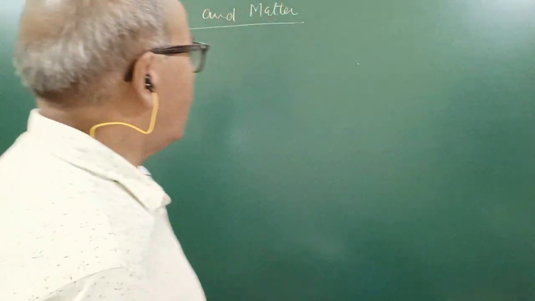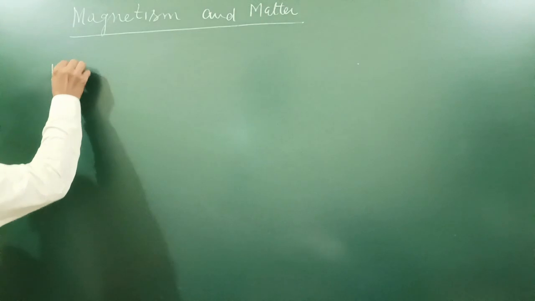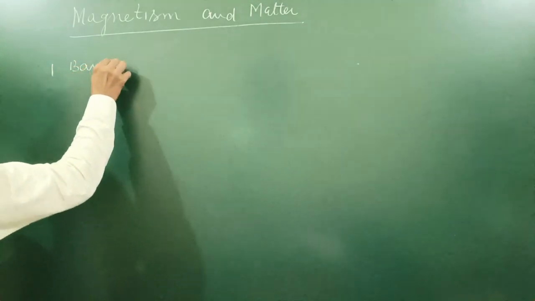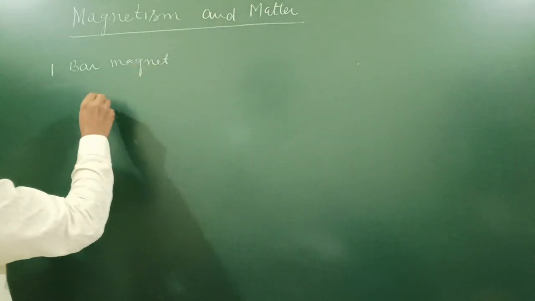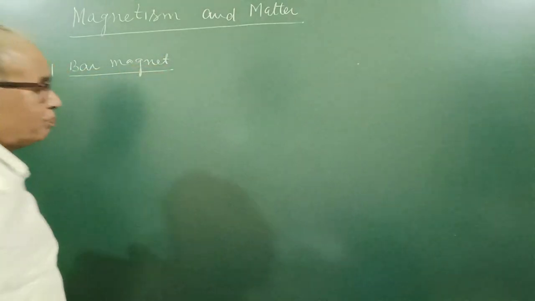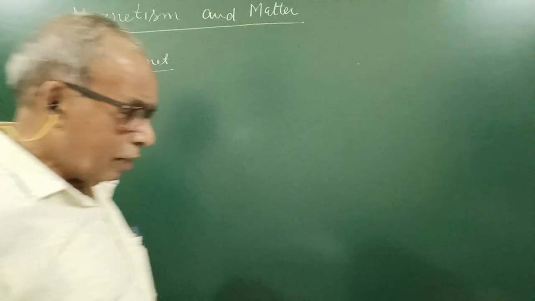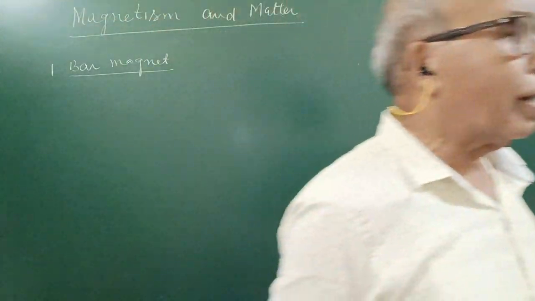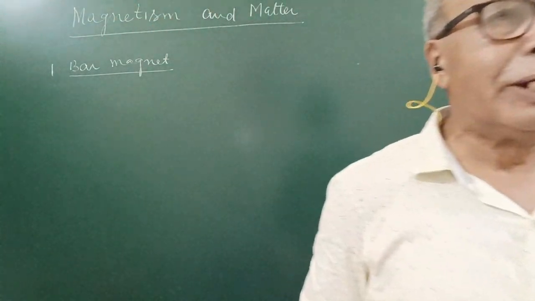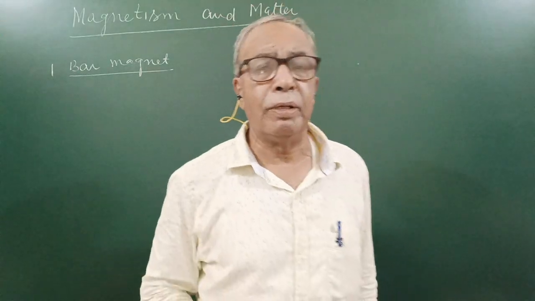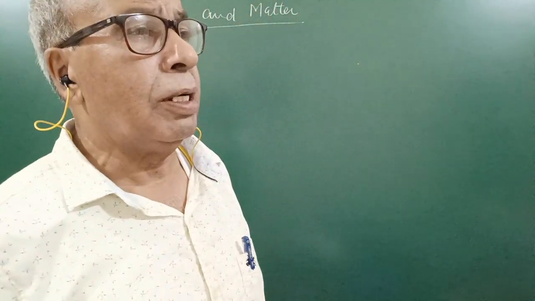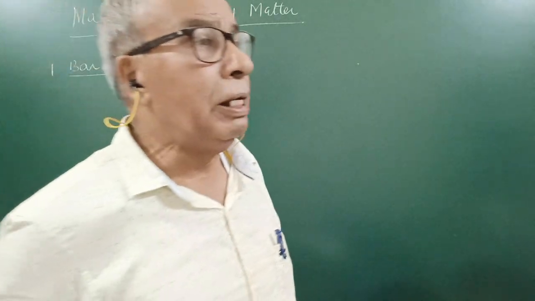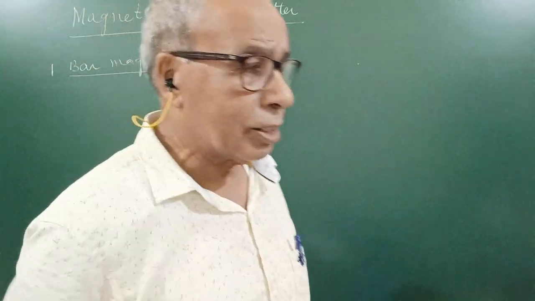So now I start about the bar magnet. First topic is bar magnet. After the discovery of magnetism, the iron nails or some ore of iron like magnetite, which was later given the name lodestone, meaning leading stone, the one that tells the direction.